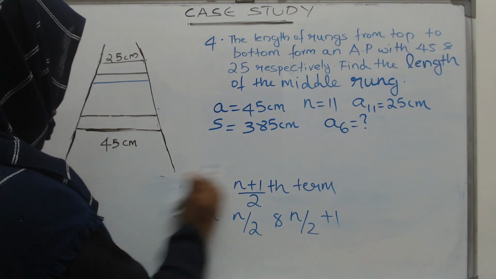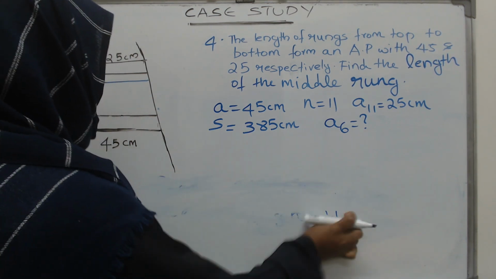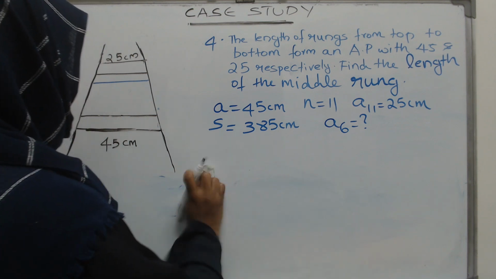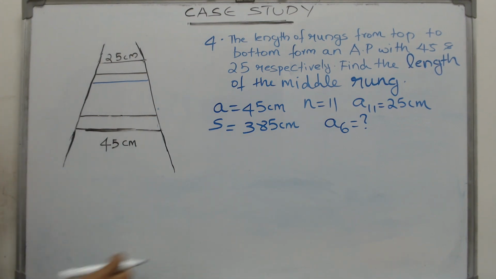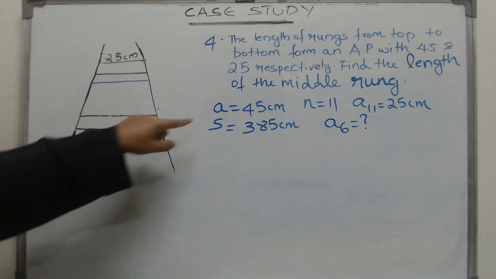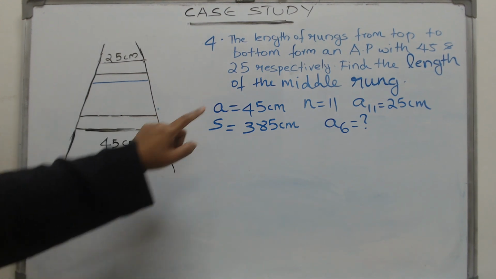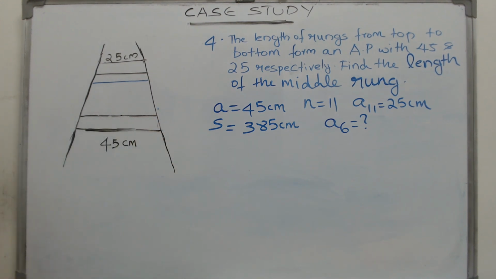But do you notice that one very important thing is missing? What are the two things that determine an AP? First is the first term, and next is the common difference. That we have not found out. We still don't know what d is.